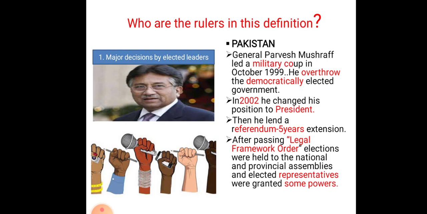In 2002, he also held a referendum in the country that granted him a 5-year extension. You may ask me a doubt, ma'am, what is meant by referendum? Yes, referendum is nothing but the direct vote, V-O-T-E, vote, in which an entire electorate is asked to either accept or reject a particular proposal.